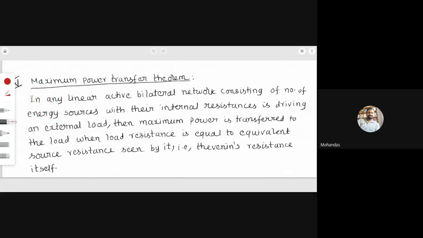In a linear active bilateral network consisting of a number of energy sources with their internal resistance driving an external load, the maximum power is transferred to the load when the load resistance is equal to the source resistance seen by it, the Thevenin resistance itself.